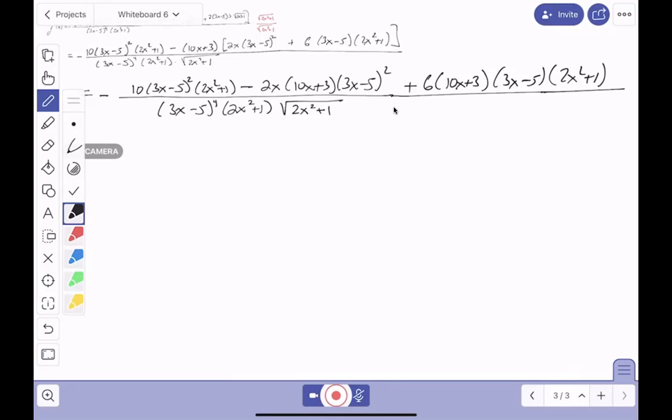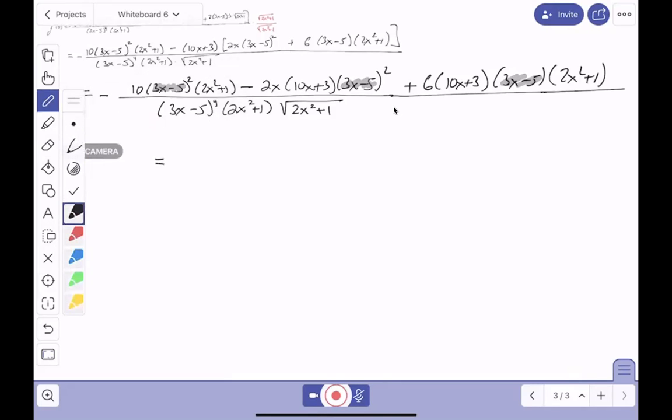All right. So I'm looking at this thing. I want to point out I'm seeing things. And again, there's a point to this. I'm seeing 3x minus 5 in every single term. So what I want to do is reduce the problem to reduce the amount of work I have to do.